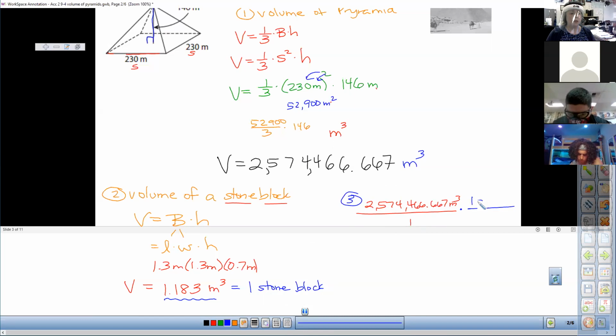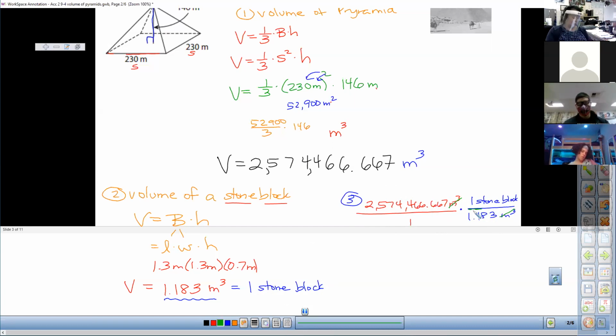So I know 1 stone block is equal to a volume of 1.183 cubic meters. And I had to set it up that way so my cubic meters would cancel and I'd be left with stone blocks as my unit. So this tells me that my math is to take this 2 million number and divide it by the 1.183. So that's what I'm going to do now.